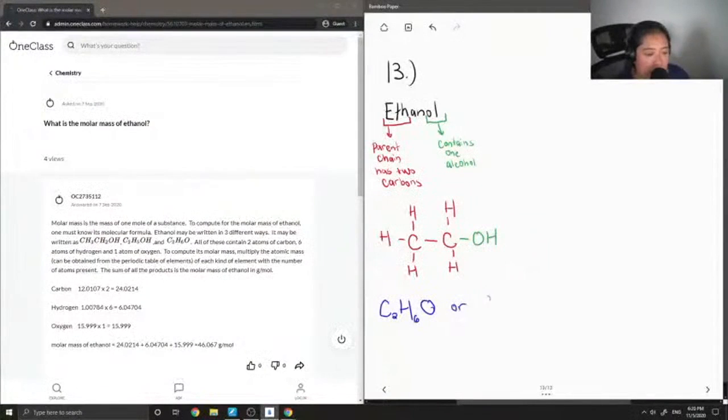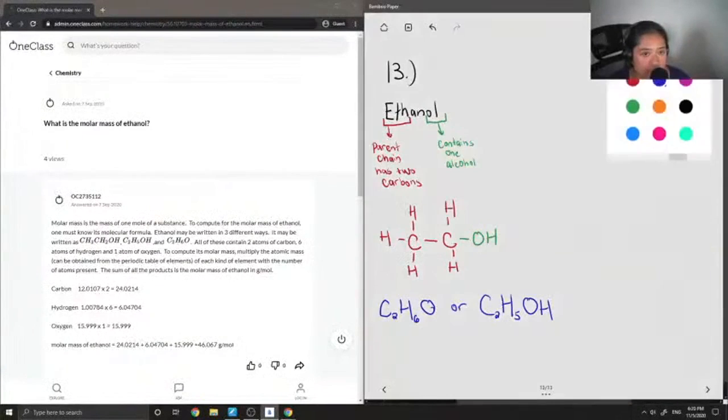But another way of writing this is to do C2H5OH, just so that we can easily see that there is an alcohol group on this compound. So now that we know the chemical formula for ethanol, we can calculate the molar mass of ethanol.